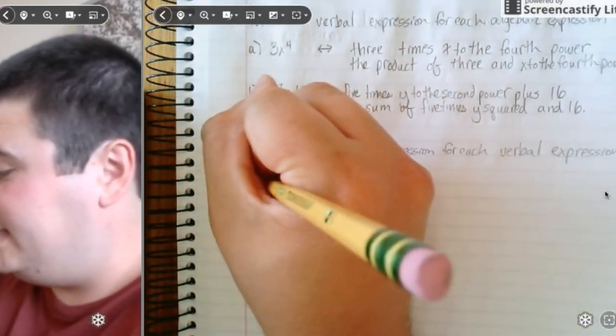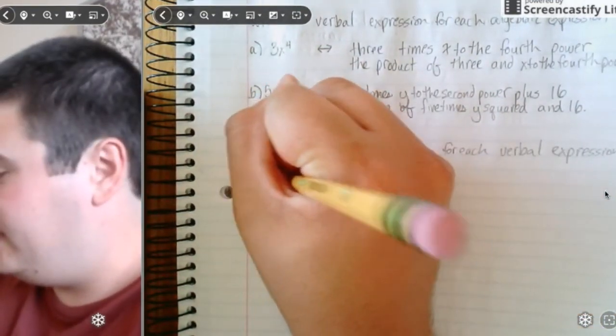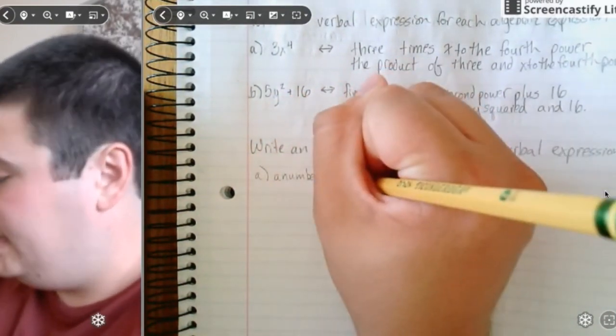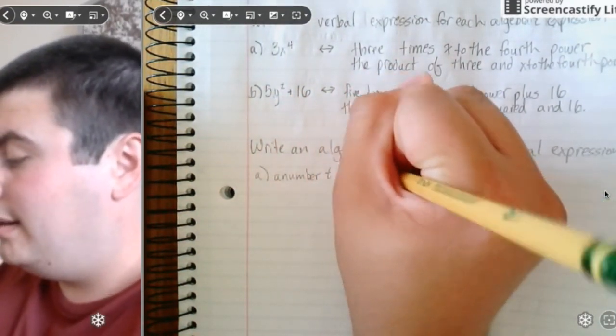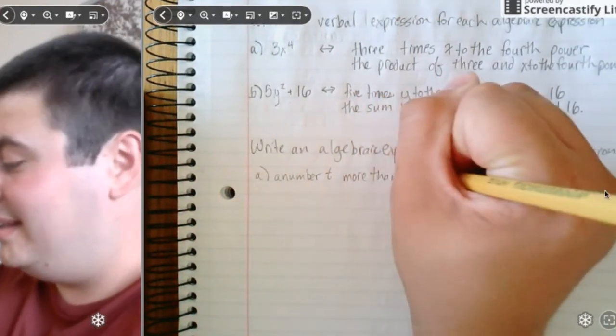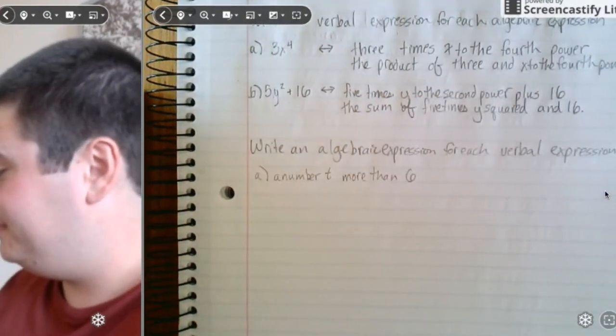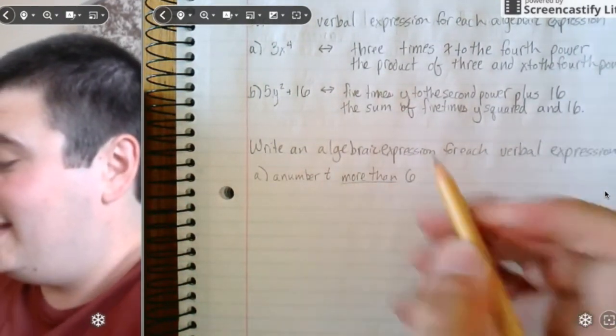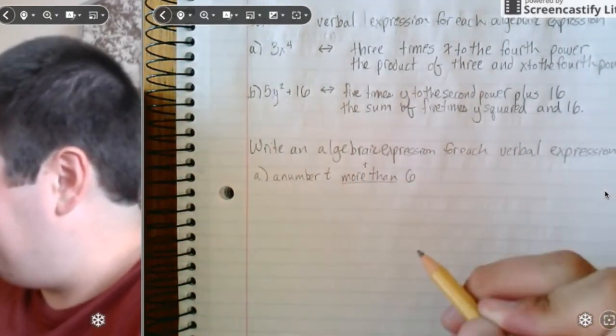So if I see that we have a number t more than 6, that more than implies that we're going to add them together.